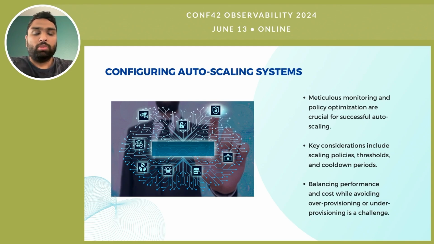Another major thing, and there are multiple case studies here in the early stages of this auto scaling thing: we need to always beware of the thresholds we set. We should always put the upper bound and lower bound thresholds while opting for the auto scaling systems.